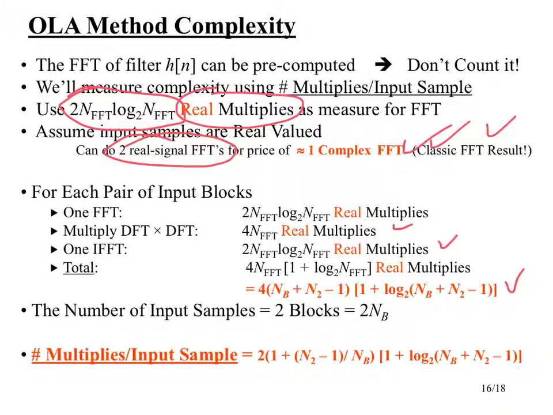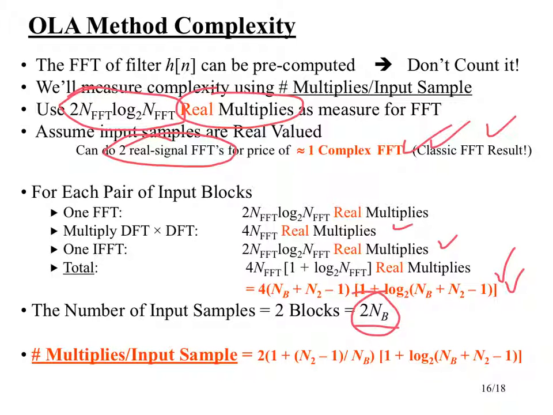So that's our total number of real multiplies that we need to do, and that number of multiplies is spread across 2 blocks. So each block has NB. So this is like the $100, and this is like my 20 sandbags. And so now I'm going to take my $100 divided by my 20 sandbags and find out dollars per sandbag.